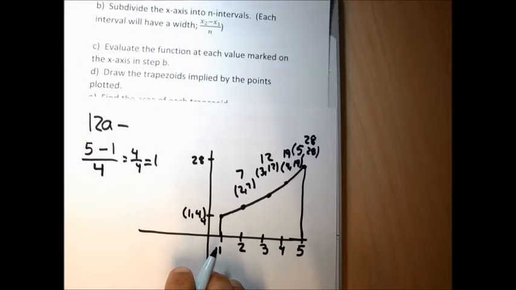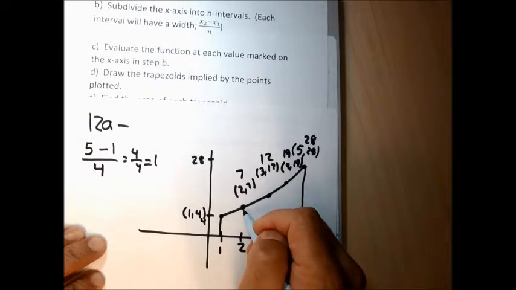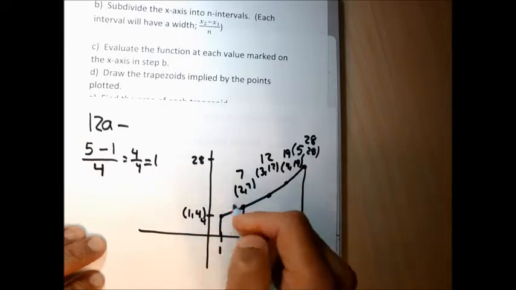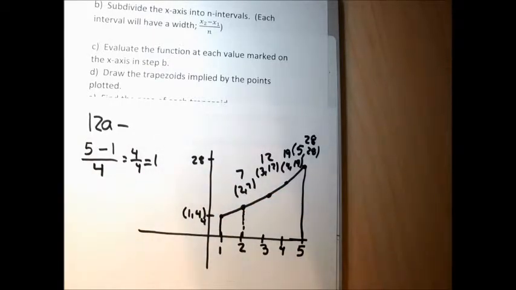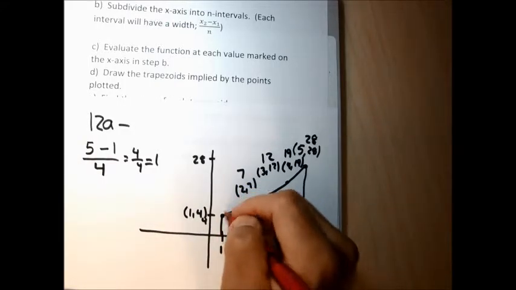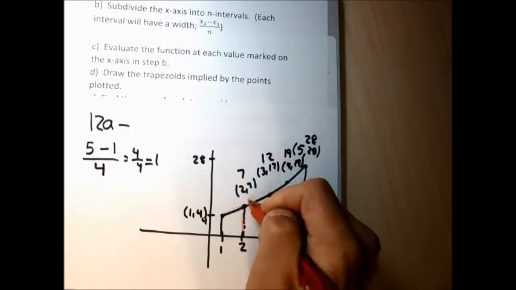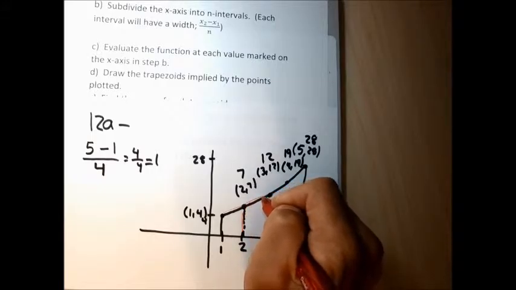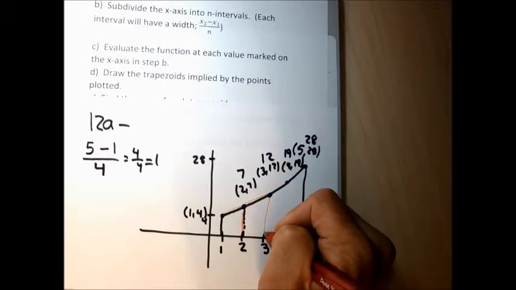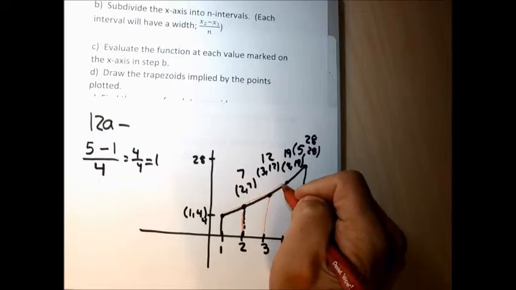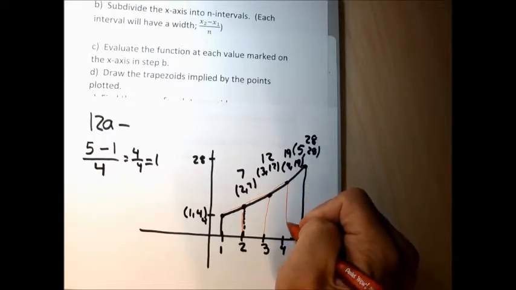Now I'm going to draw my trapezoids. So the first trapezoid is going to be, I need something else here. My first trapezoid is going to go from there to there to there. My second trapezoid connects these points and goes down. Third trapezoid connects those points, goes down.